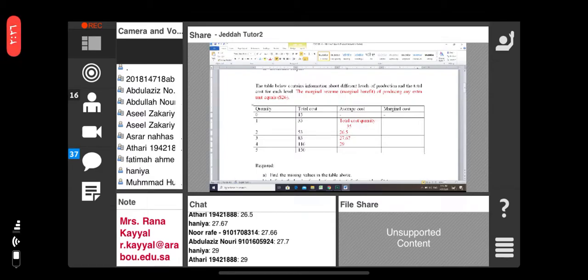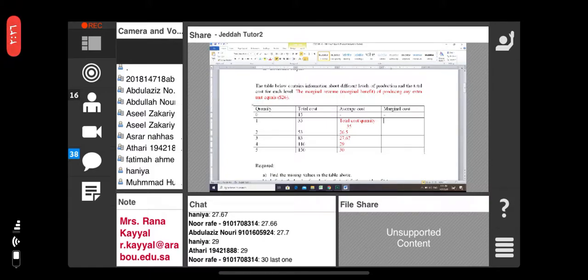By the way, for quantity 3, don't worry about the answer. If you wrote 27.6, 27.7, or 27.67, preferably 27.7 as a rounding, you're supposed to have studied it in BUS 101. Or 27.67. Don't write it 27.6 or 27.66. Okay, so 29, and the last one is 30.